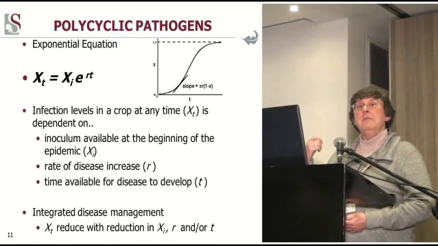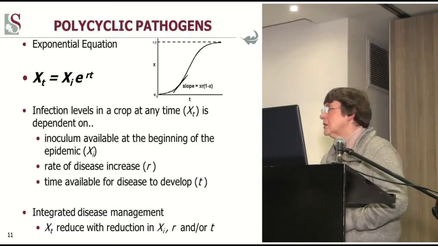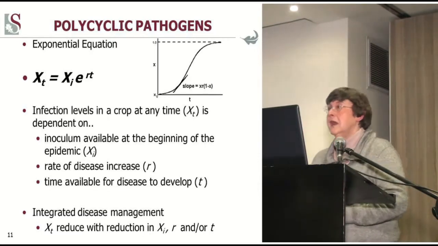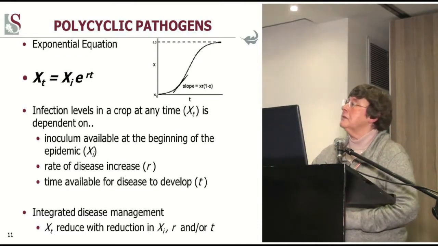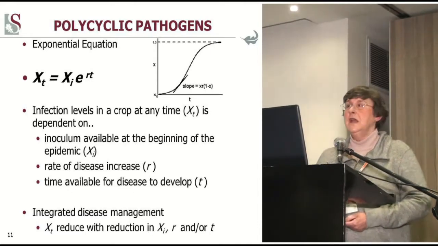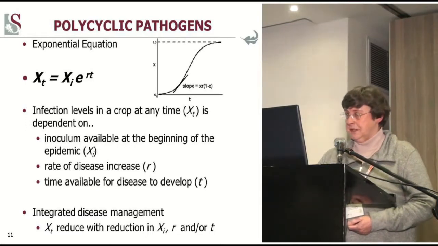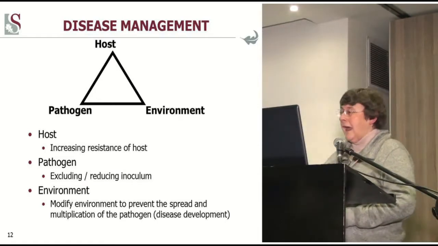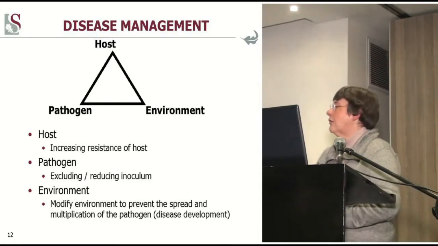And that is why epidemiology is such an important science in disease management, because it enables us to understand why we do what we do in terms of disease management. With that, that brings us back to the disease triangle.